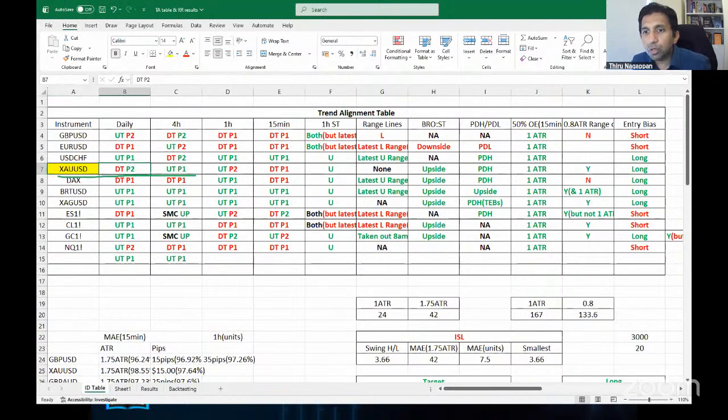Across two time frames we're in uptrend, but the other two time frames are in downtrend. But at least the direction here is pointing to the upside, isn't it? So I'll score this at about 2.5 points for the first four columns in terms of time frame correlation, in terms of trends.